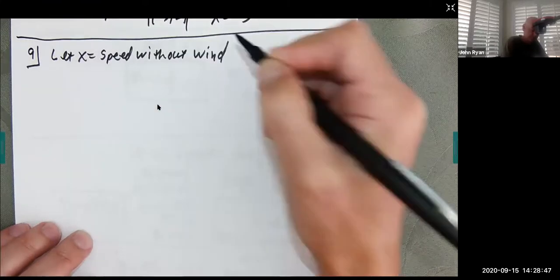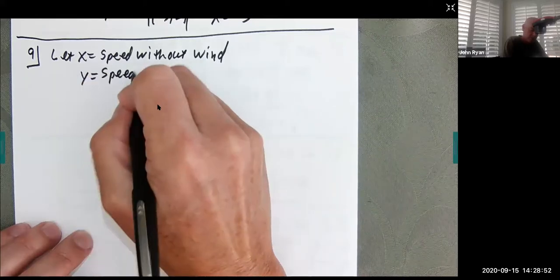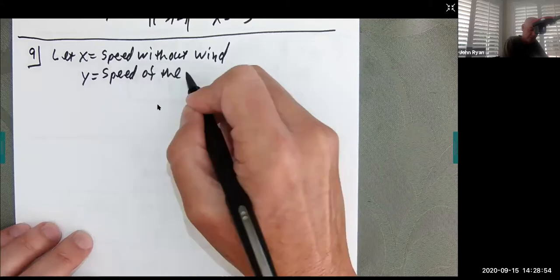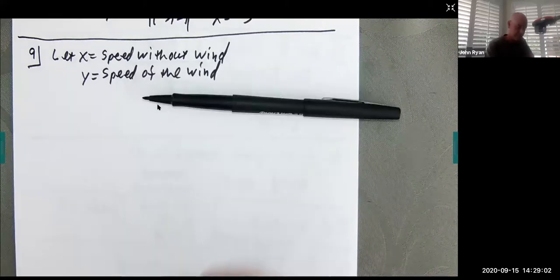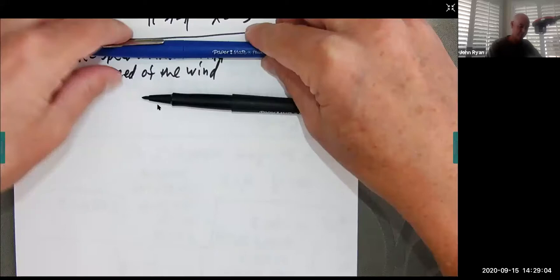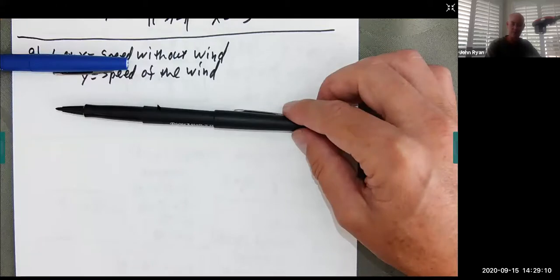And I'm going to let y be the speed of the wind. And what's going to be happening is if the wind is going that way and the plane is flying that way, then the wind is actually going to push it, make it go faster. If the wind's going against the plane, then we have the speed of the plane, but the wind is slowing it down.